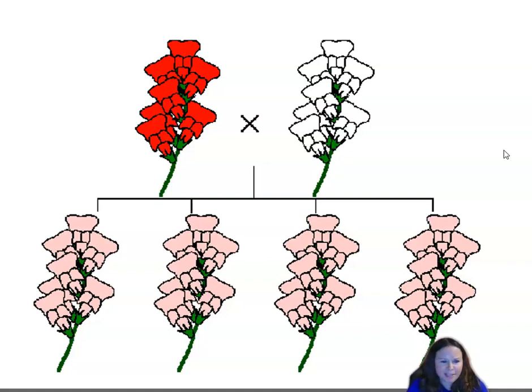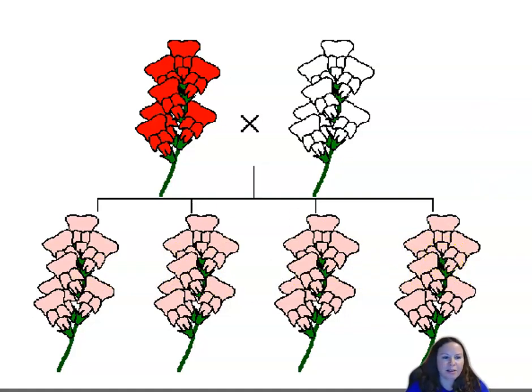But in this case, when we cross a homozygous red with a homozygous white, we don't get red or white, we actually get an intermediate pink. In fact, 100% of the offspring are pink in this cross.